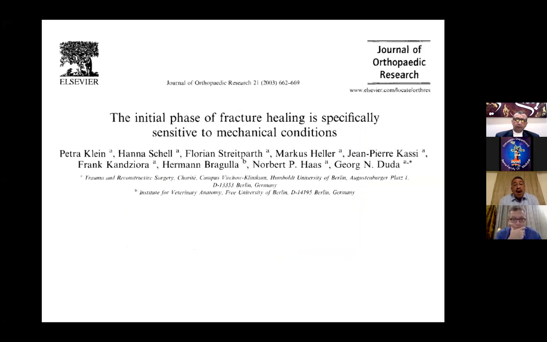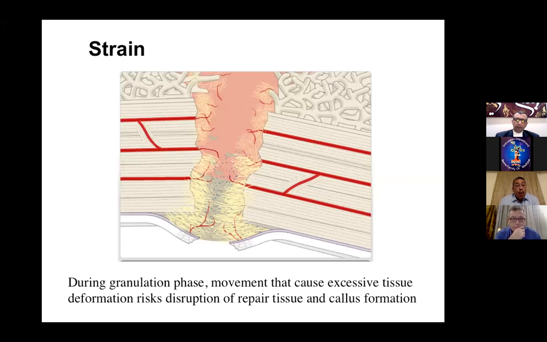We have this article talking about the initial phase of fracture healing is specifically sensitive to mechanical conditions. Why? Because in the early phase, movement may cause excessive tissue deformation that may risk the repair and the continuation of callus formation, and this newly formed tissue may disrupt or may be delayed.